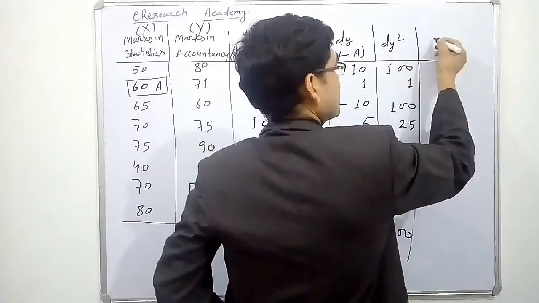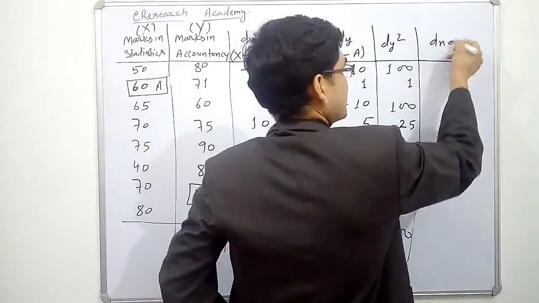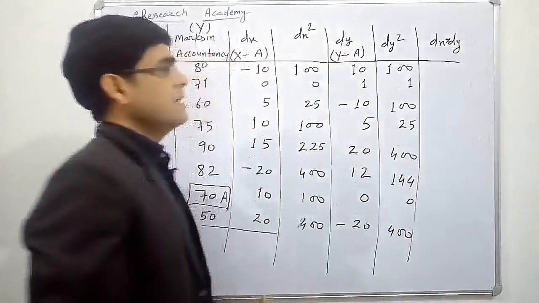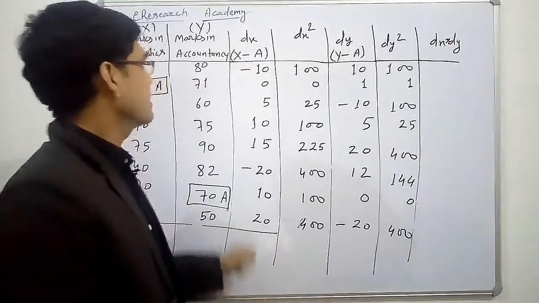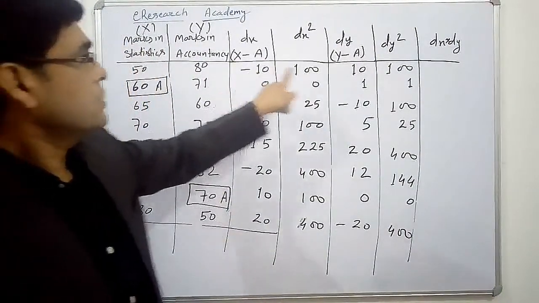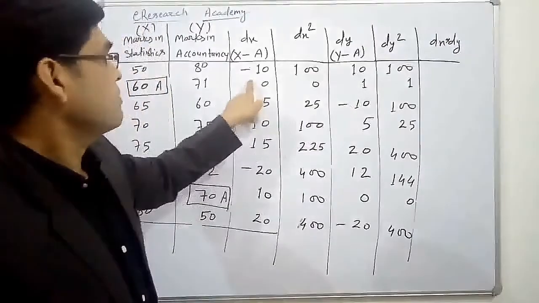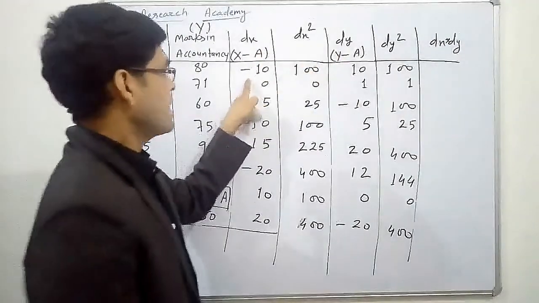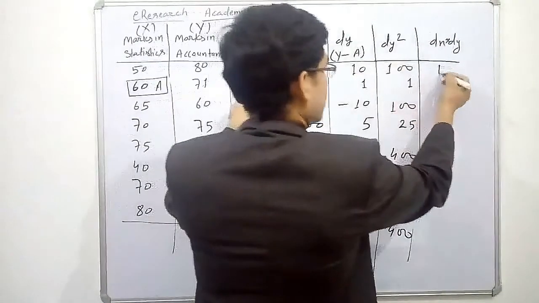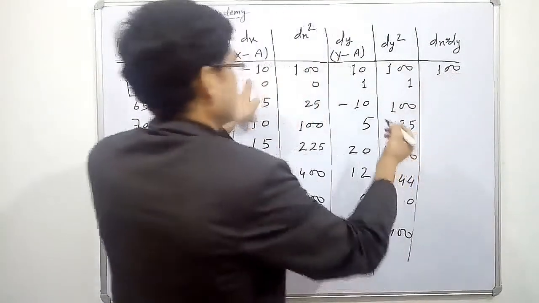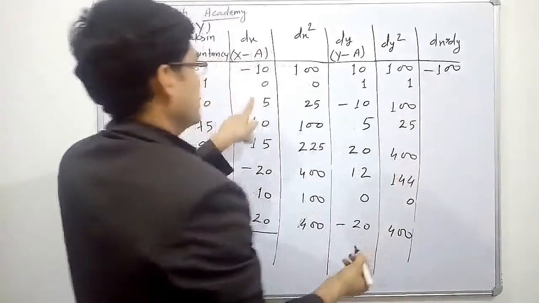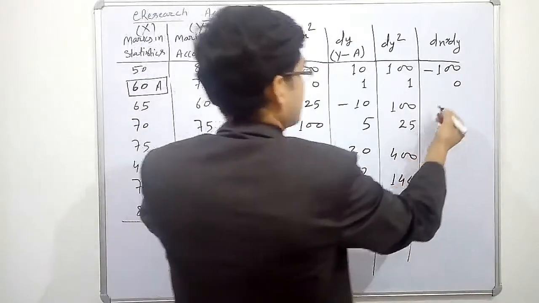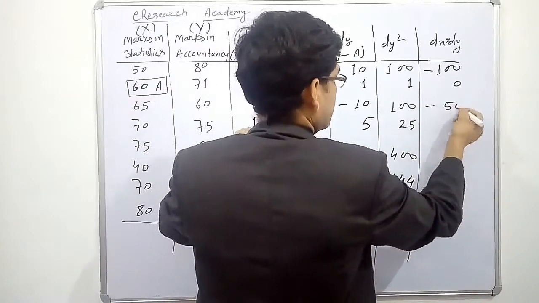Last, we need dx into dy. This column into this column, where this is dx and this is dy. So minus 10 into 10 is minus 100. 0 into 1, 0. 5 into minus 10, minus 50.